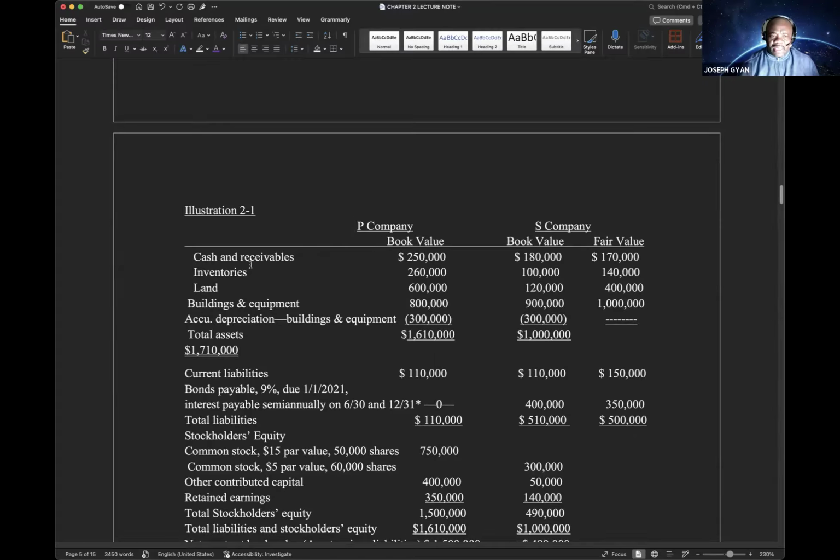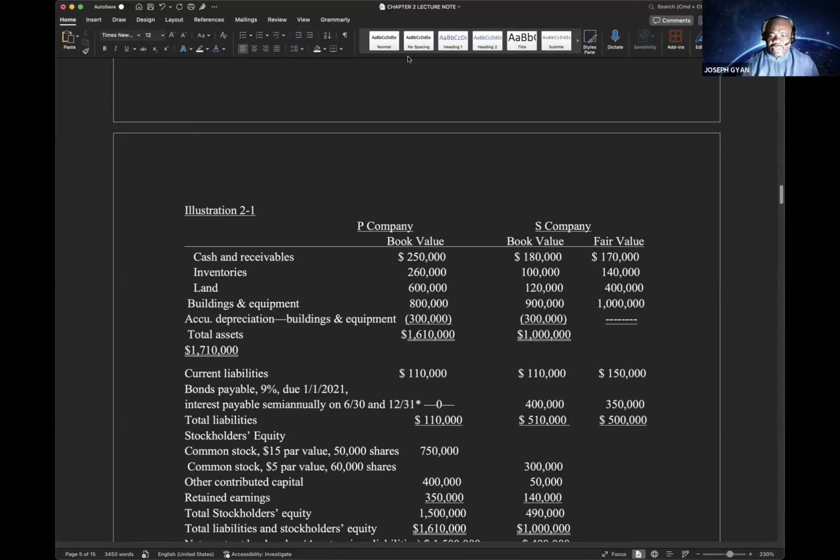If you look at cash and cash receivables, the book value of the P is 250,000. The book value here is 180. The fair value is 170 for the S company. Our concentration is on the S company because it is the company we are buying.